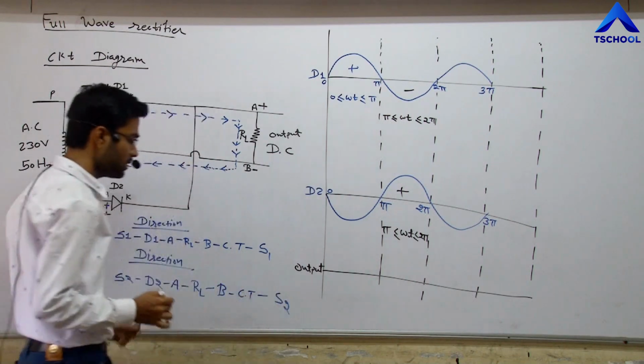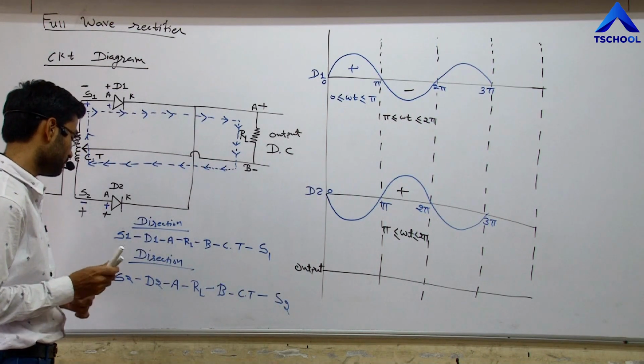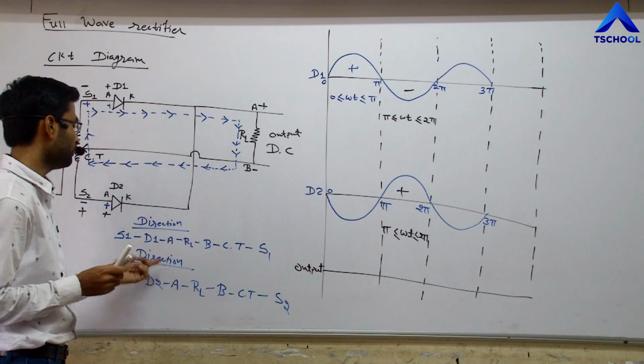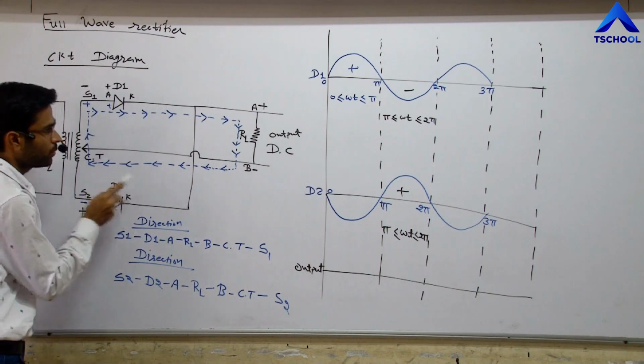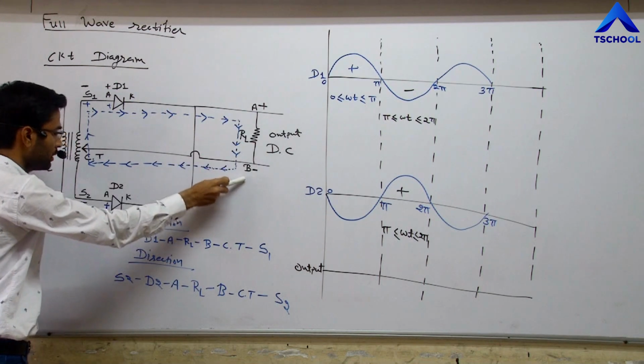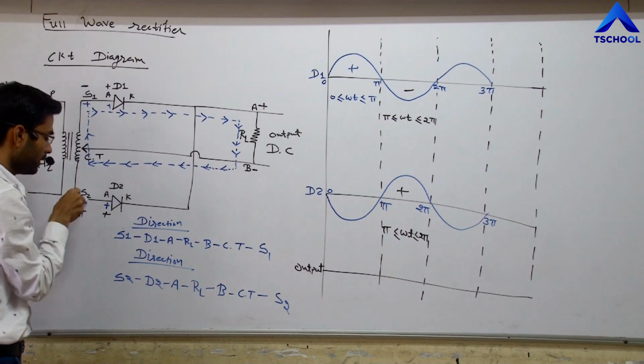Means during the second half cycle, the direction of flow of the current in the full wave rectifier is S2, D2, A, B, CT and S2.